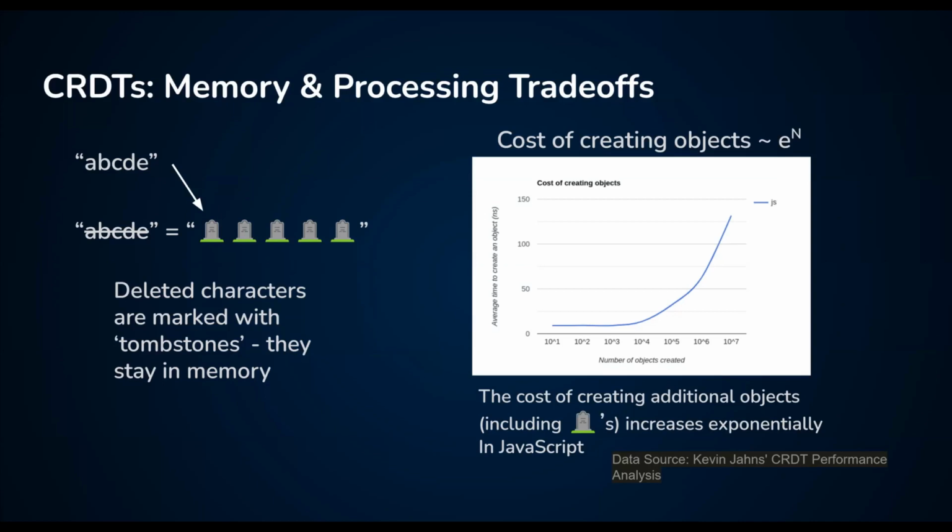In JavaScript, as the count of objects grows, the time required to create new objects rises exponentially. This stems from JavaScript's object model, where objects are essentially key-value maps, and maintaining a larger set becomes increasingly complex. This underscores the importance of optimizing CRDT implementations for practical applications.